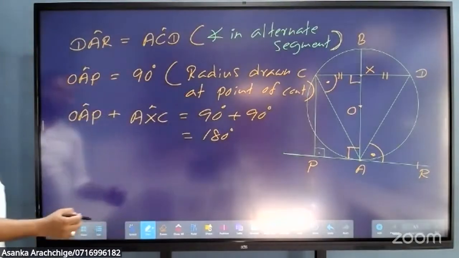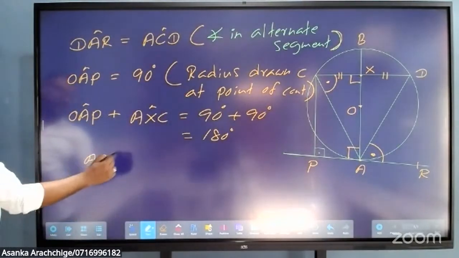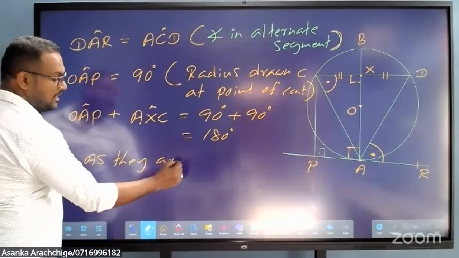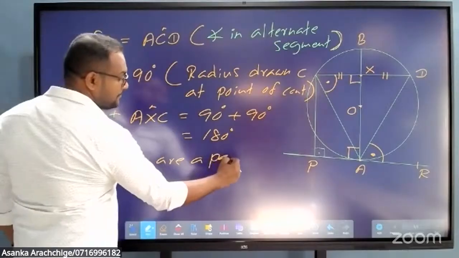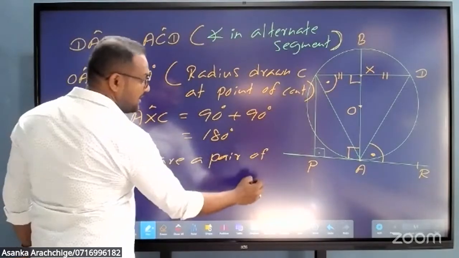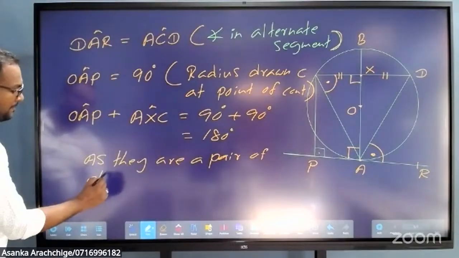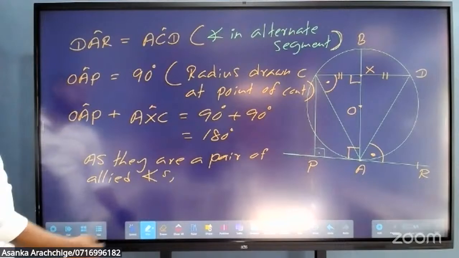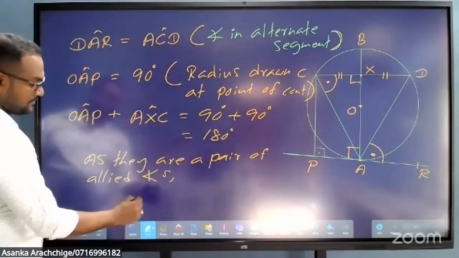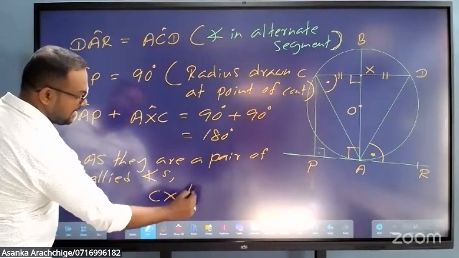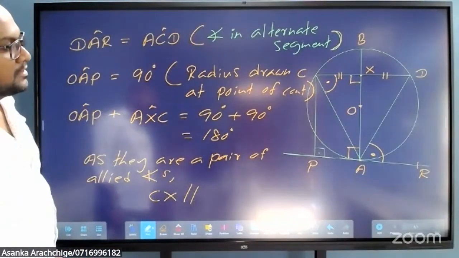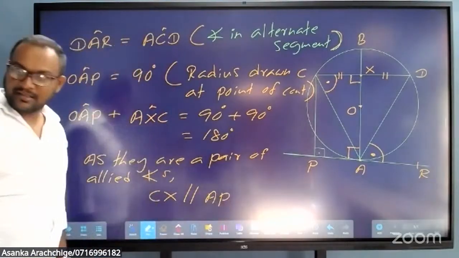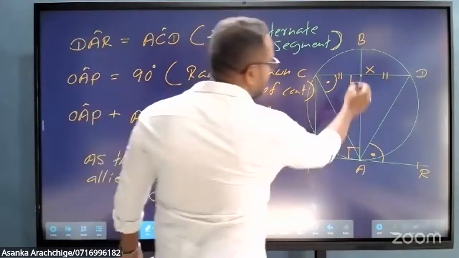Then you can say, as they are a pair of aligned angles, CX is parallel to AP.